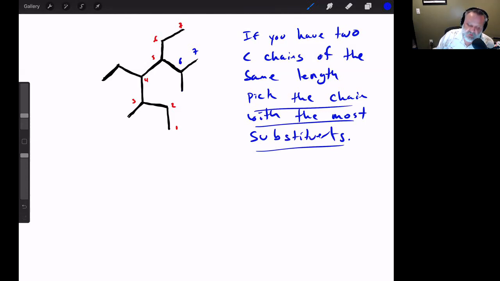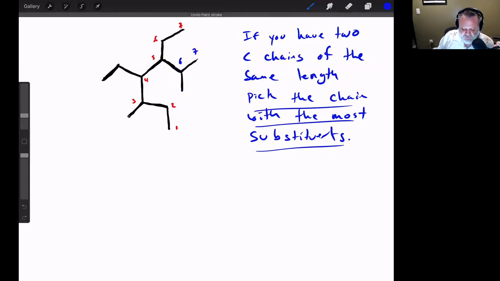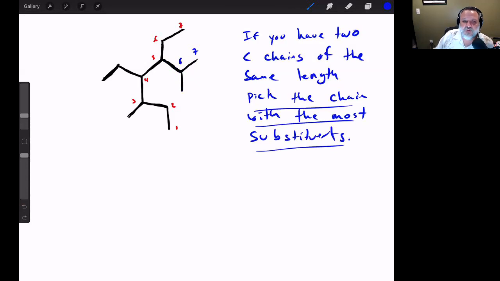So if I pick the red chain, this ends up being a substituent, and that substituent in itself has a substituent. And we'll deal with that in a second, because there are sometimes when you can't possibly avoid that. But in order to minimize that situation, you pick the direction that has the most substituents.